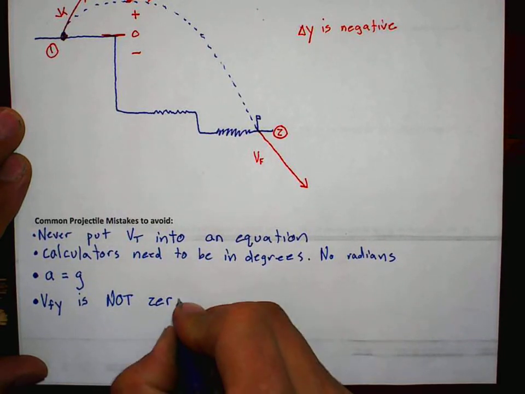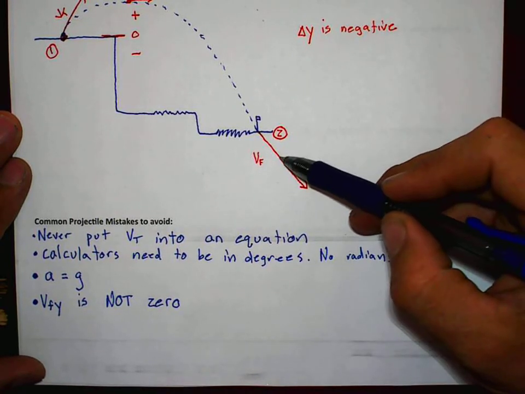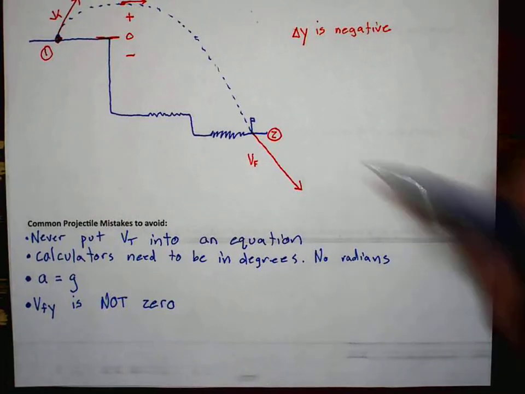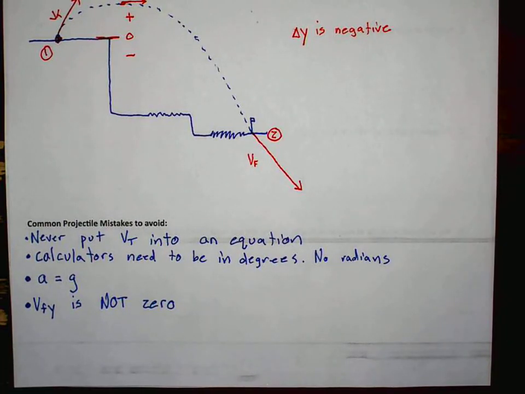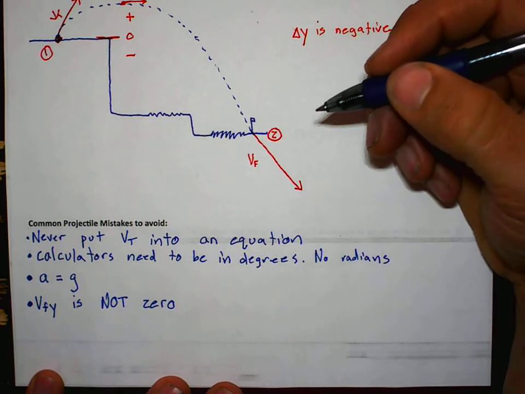Does it look like V final is 0 here? No. But let's think about it. The ball's going to go and hit the green, and what's it going to do? It's going to bounce and roll and stop. Now we have a 0 velocity. So V final is always right before it hits. It's the projectile part. It's not the bouncing, rolling, stopping part. You've got to be careful of that.